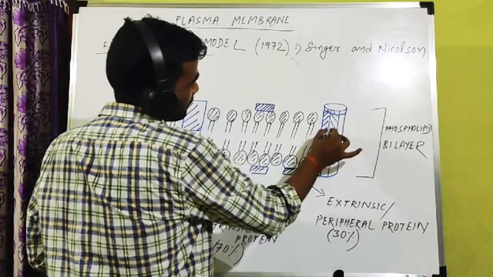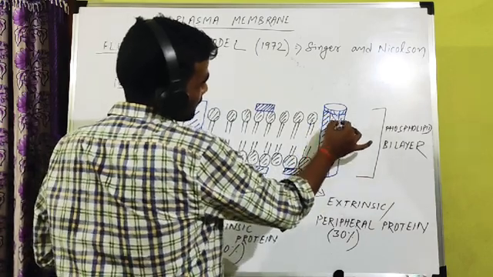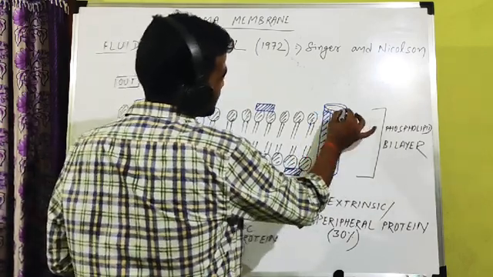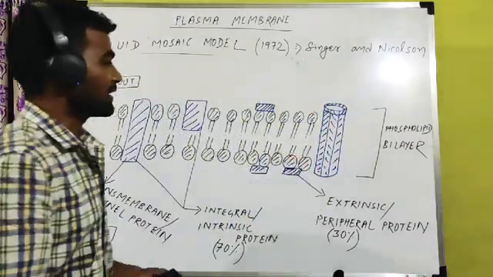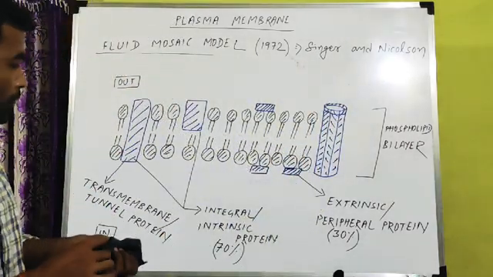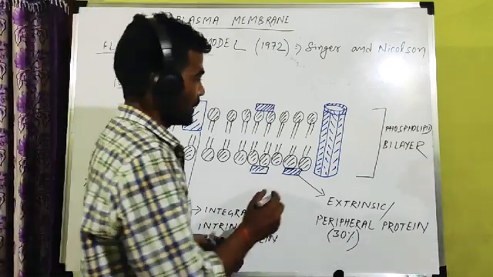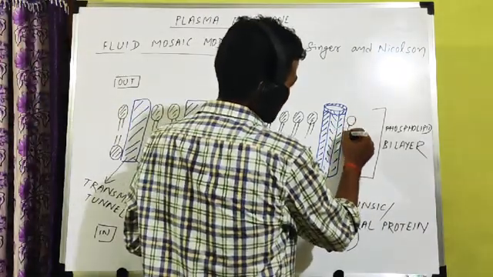I am showing a group of transmembrane proteins, five to six transmembrane proteins like this. Here a single transmembrane protein, here a group of transmembrane proteins.